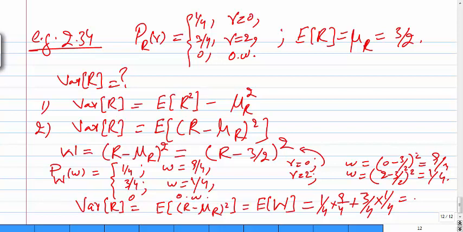When we calculate it, it becomes 3 by 4. So this is one method that we can solve it.